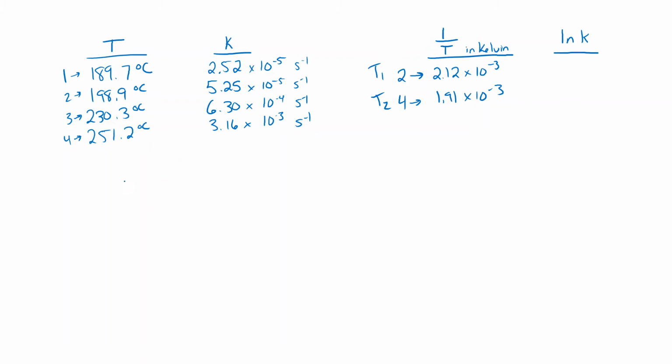Right? Because when we do this, our formula is ln of K2 divided by K1 equals negative EA over R times 1 over T2 minus 1 over T1. So now we have values for each of these. 1 over T2 is 1.91 times 10 to the negative third, minus 1 over T1, which is 2.12 times 10 to the negative third.